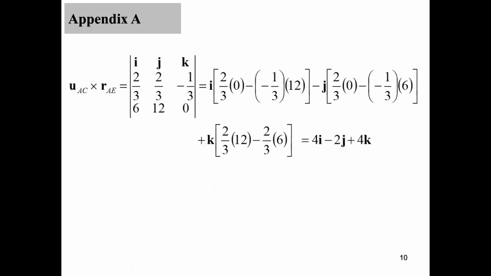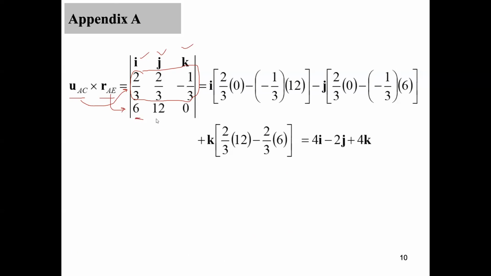Now we need to find the cross product of vector UAC and vector RAE. Write I, J, K. This is our first row. The second row is the components of vector UAC. We have 2/3 in I, 2/3 in J, and negative 1/3 in K. The third row is the components of vector RAE.